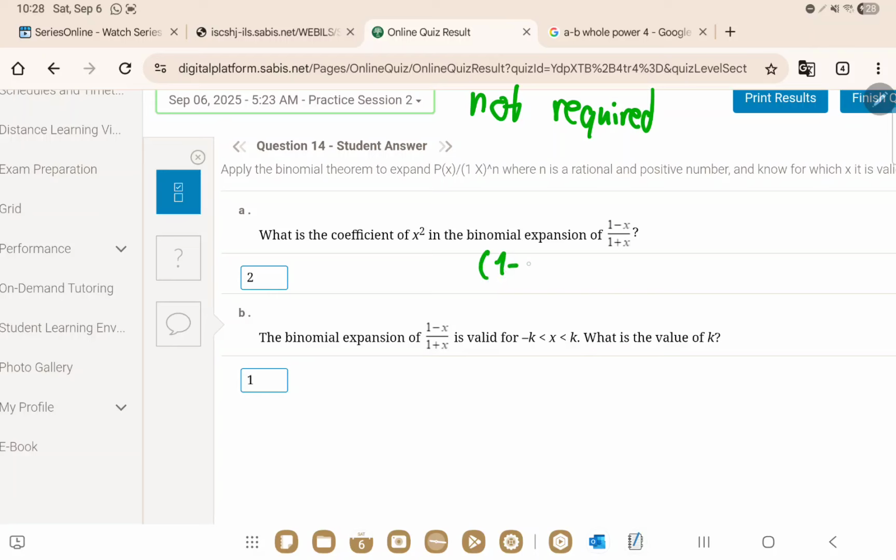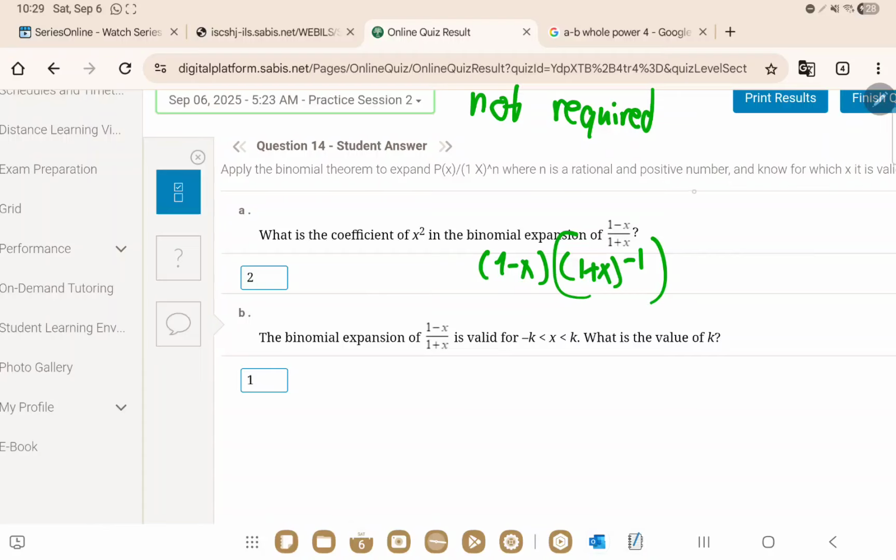So it is 1 minus x times 1 plus x exponent negative 1. Now, of course, we cannot apply binomial theorem for both of these. For a negative 1. But we only apply it for this value. Why? Because this one doesn't have a power. So this one you just multiply at the end with it.